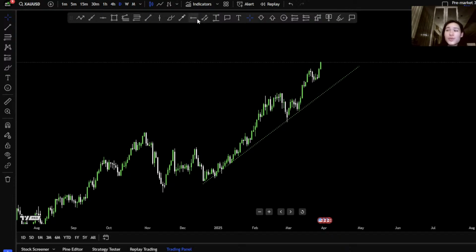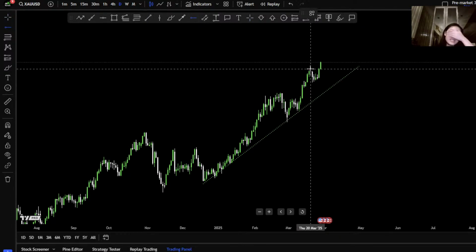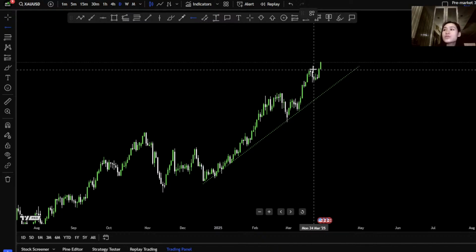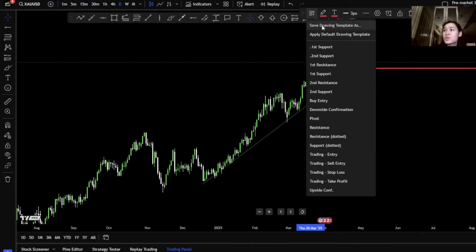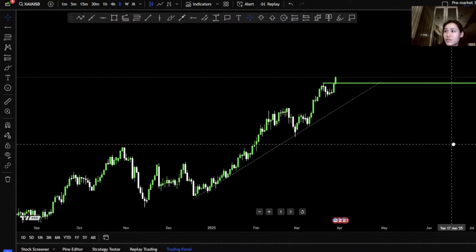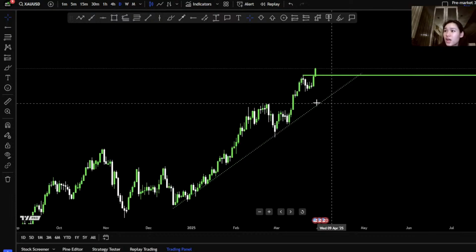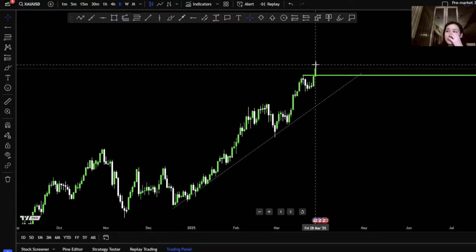Okay, so this is where I'm going to go in with my resistance and support levels. Starting with our first support, I'm going to place it at this pullback level over here.